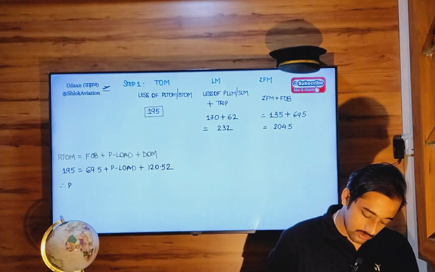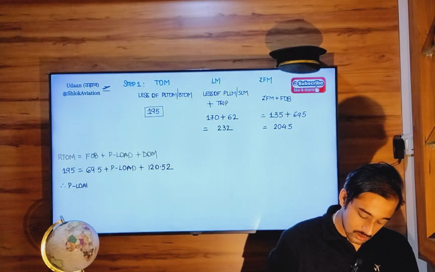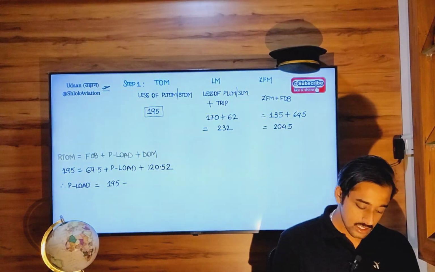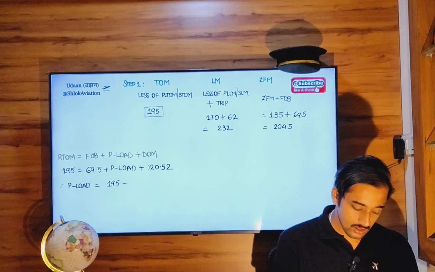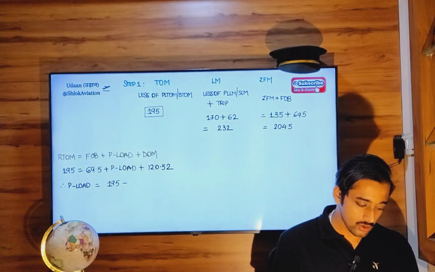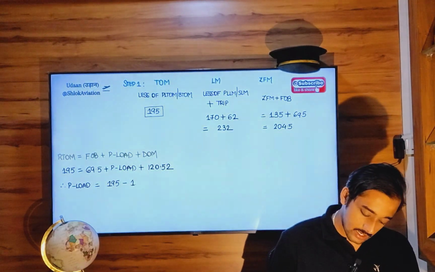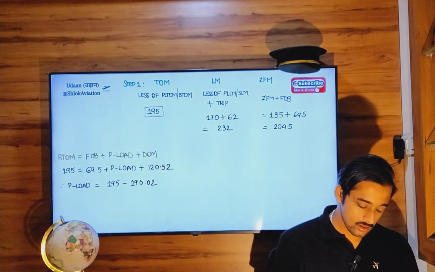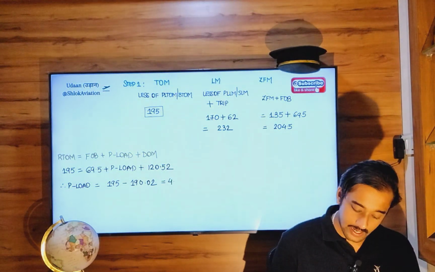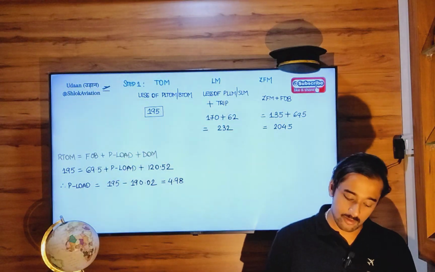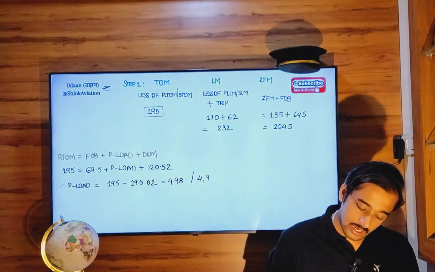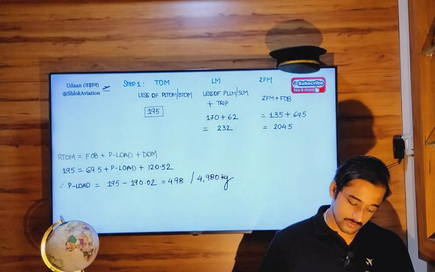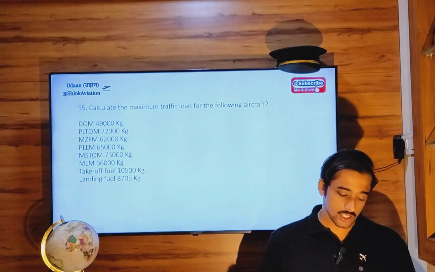Therefore, payload will be equal to 195 minus 69.5 plus 120.52, which is 190.02, so 195 minus 190.02 is equal to 4.98. So payload will be 4,980 kg.